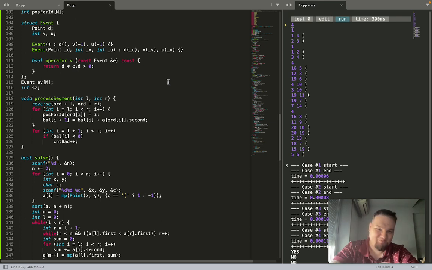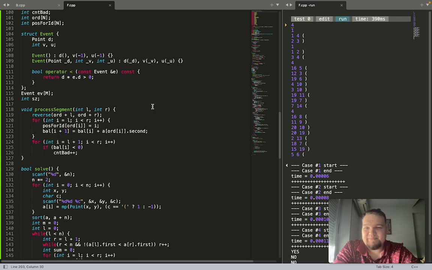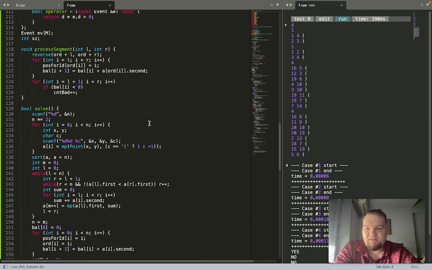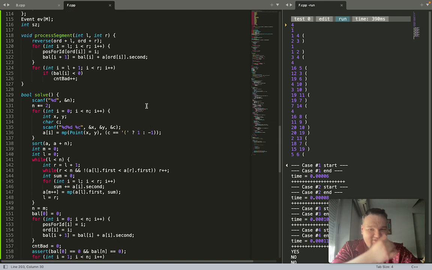That's basically what this problem asks. And to minimize the hatred from the participants, it is usually guaranteed that there are no 3 collinear points and certainly no coinciding points.